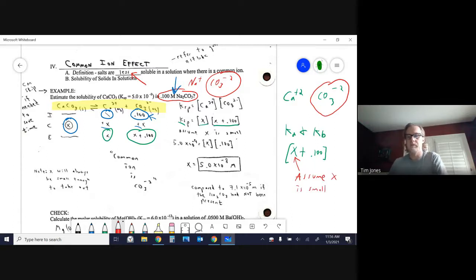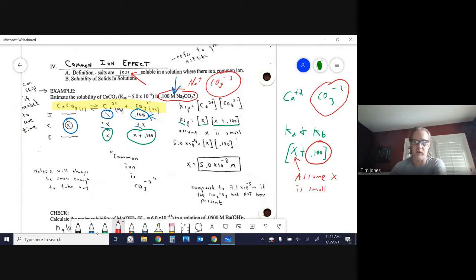What we're saying is X is going to be so small, adding it to 0.1 will not be significant. Now 0.1 is not a huge number, but X is going to turn out to be way smaller.